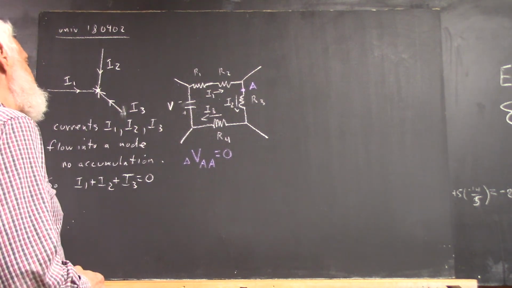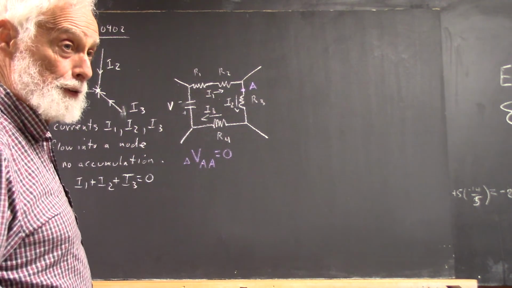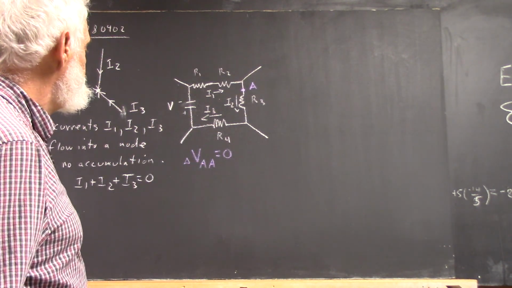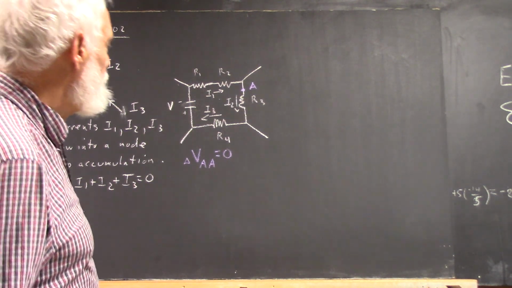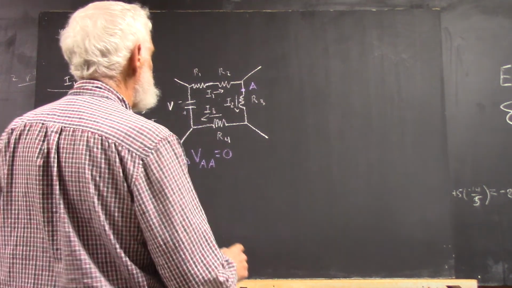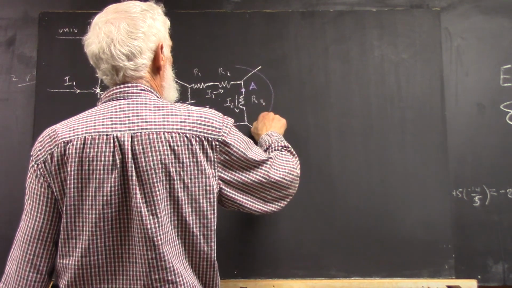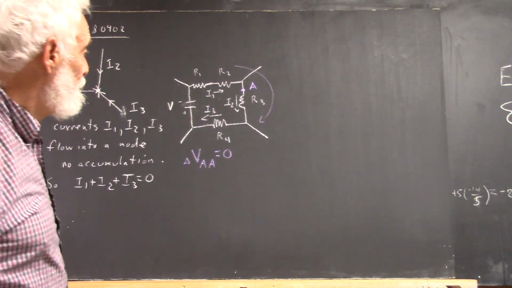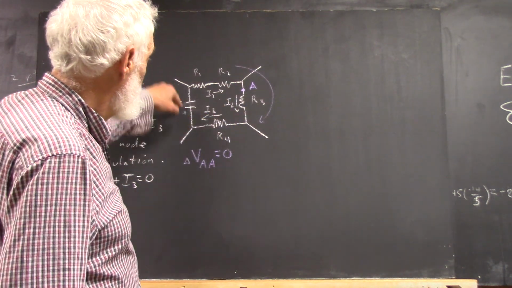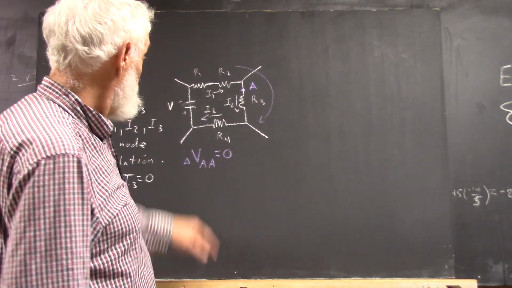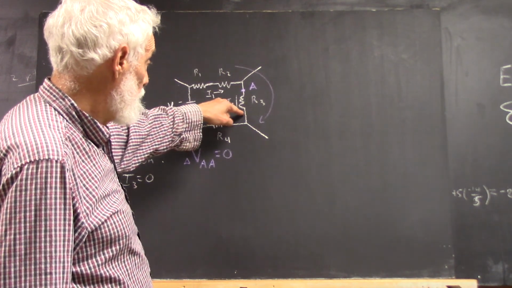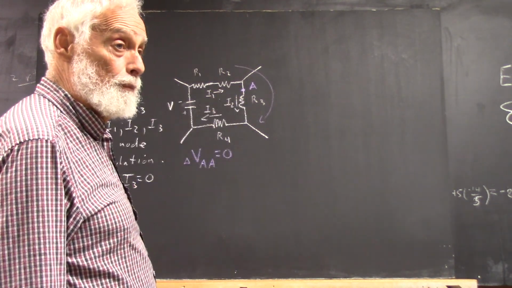Now, what's another way of writing this? Well, what's the change in potential if we go around the loop in this direction? Starting at A, we go around this way, right? What's my change in potential as I go across resistor R3?